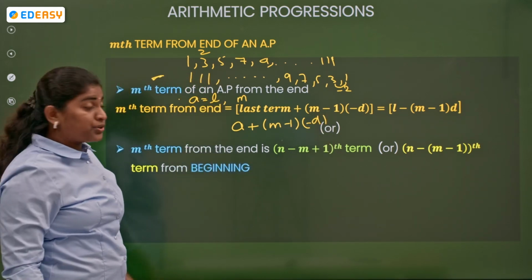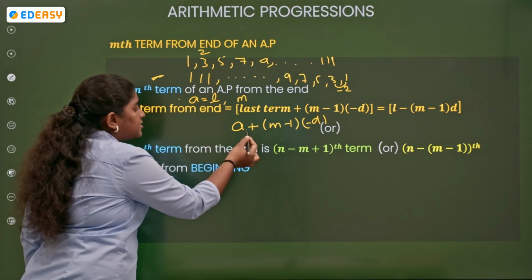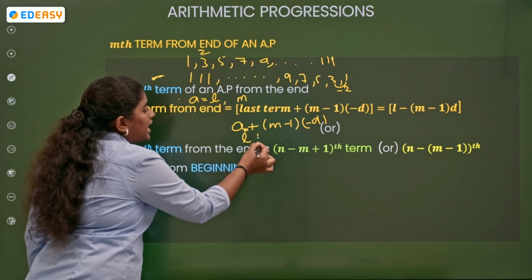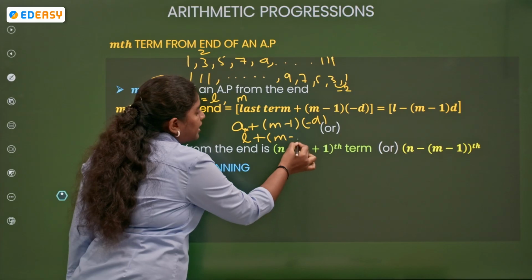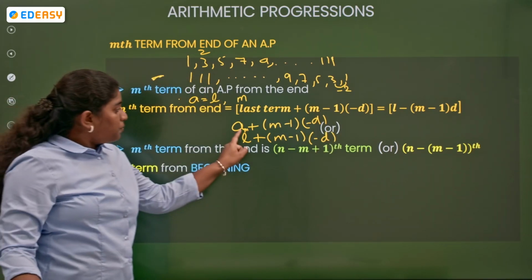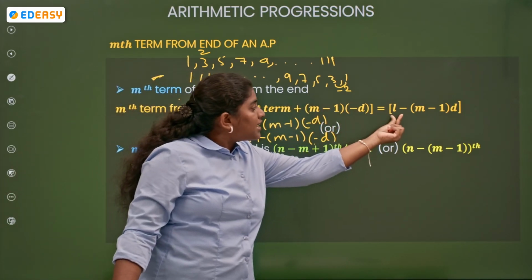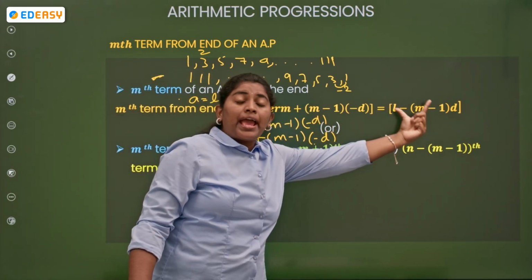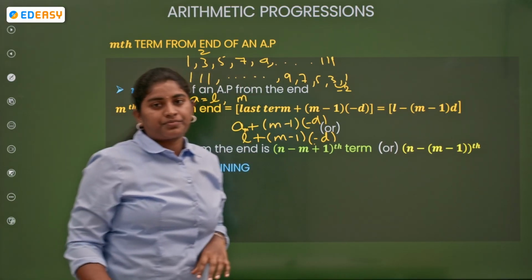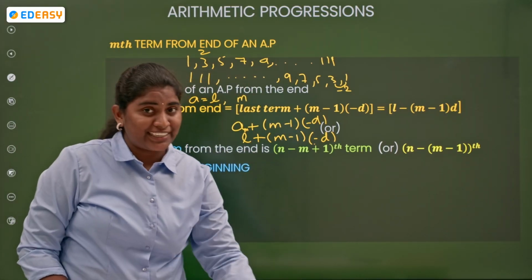Understood? And what is this a here? A is nothing but your last term. So that is the last term plus m minus 1 into minus d. Now plus into minus becomes minus, so we get the last term minus of m minus 1 into d. Understood everyone?